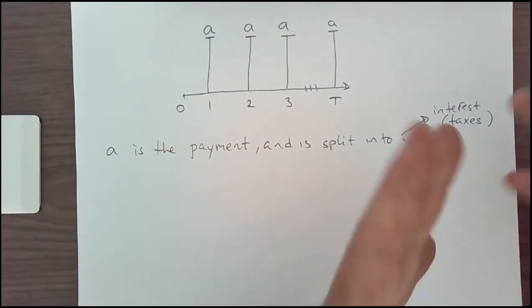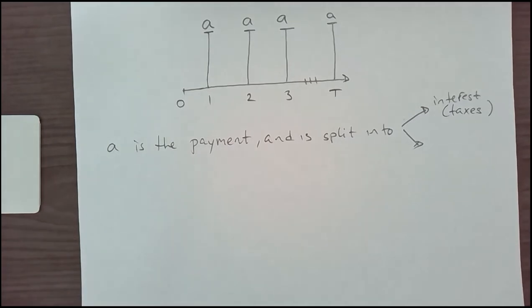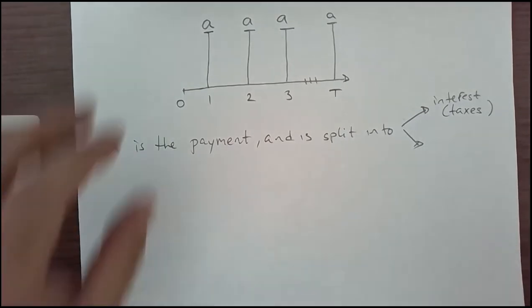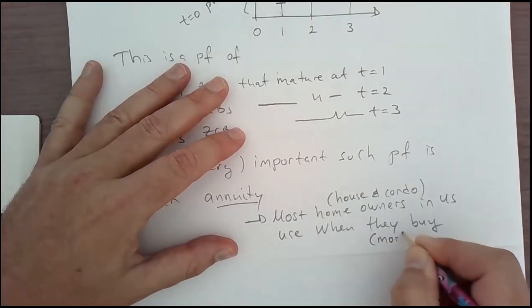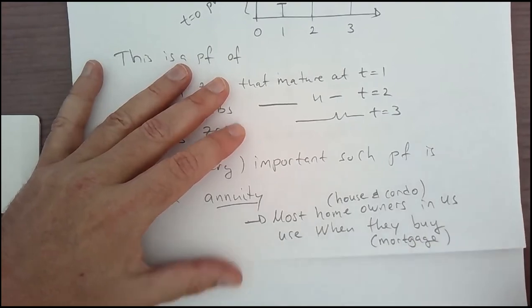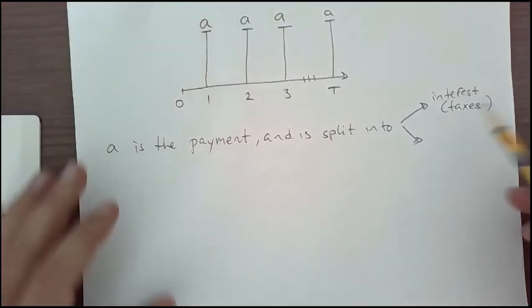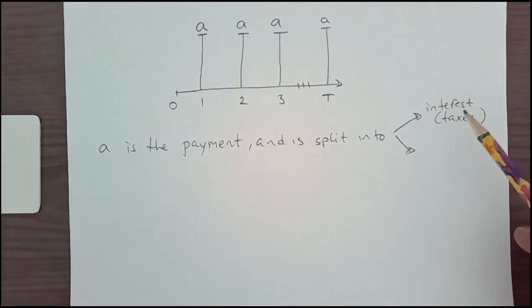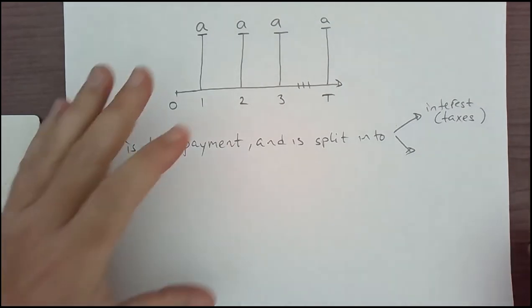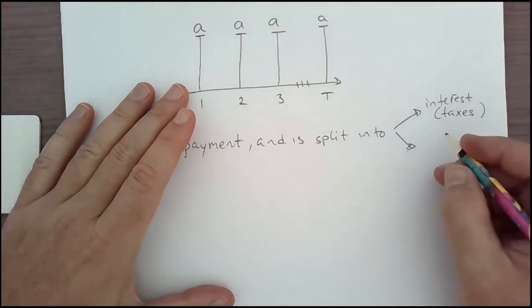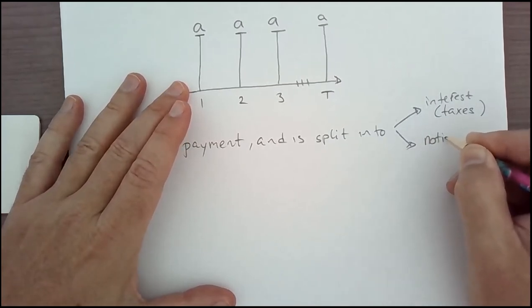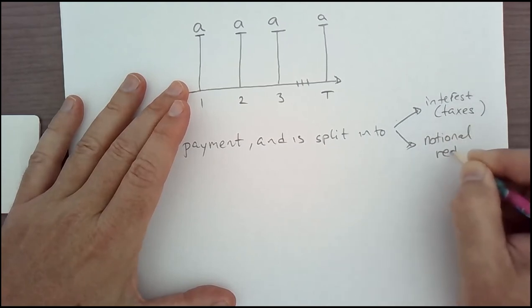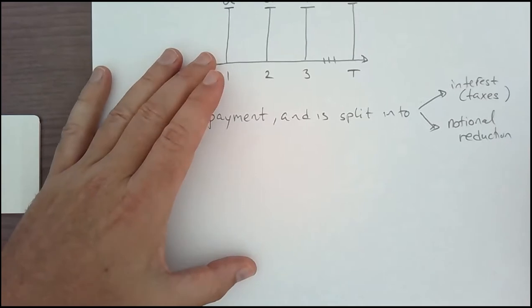In the US, the interest that you pay on your mortgage, so this here is a mortgage, the part of A that you pay on the interest rate can be used to reduce your taxes, at least to some extent. And the other part is you pay down your notional. So this is a notional reduction. You pay the loan off as you move along.